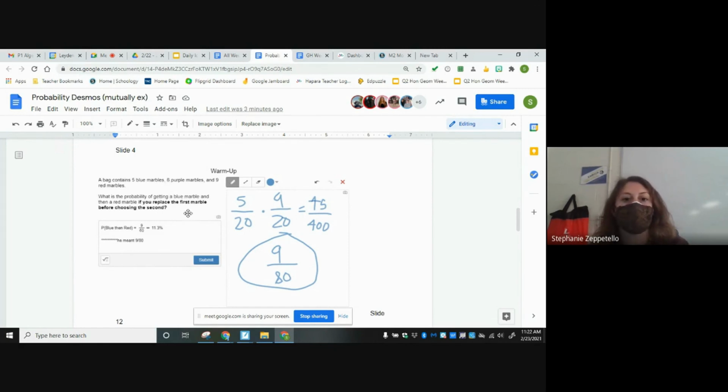So probability of getting a blue marble. Okay. Well, there's 5 blue marbles out of 20, right? That's this right here. And then the and part is the reminder that we have to multiply, because the first one depends on the second. No, actually, they don't depend because I'm replacing it, but the and then is saying this is really specific.